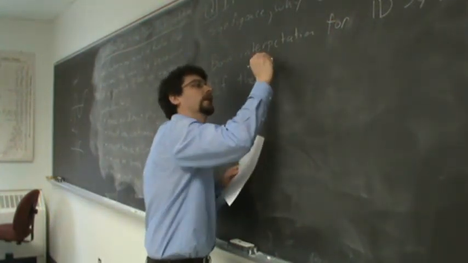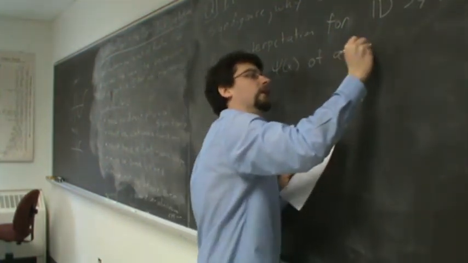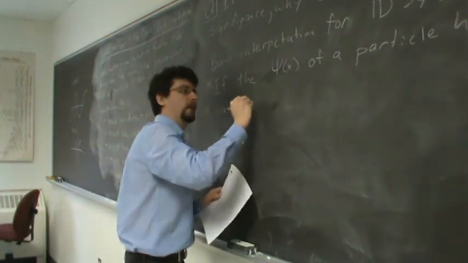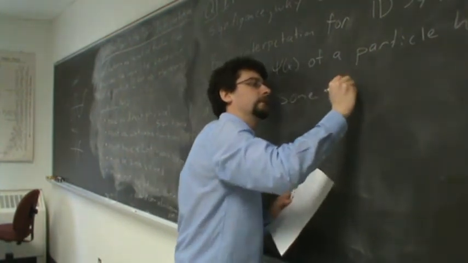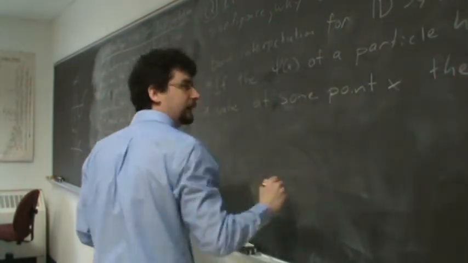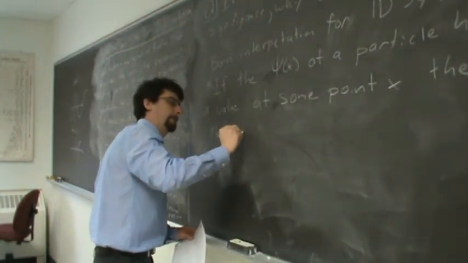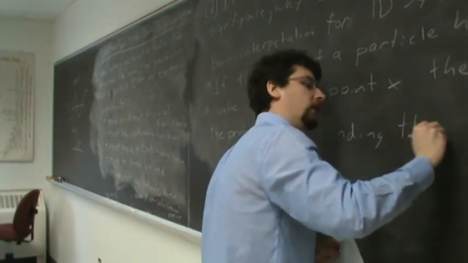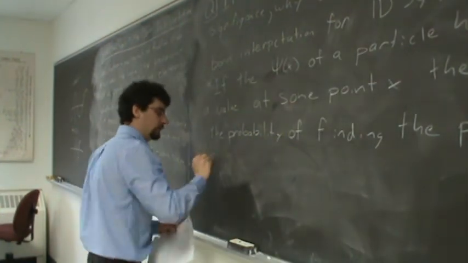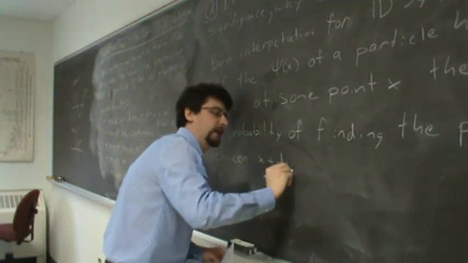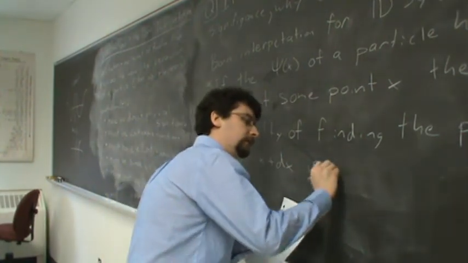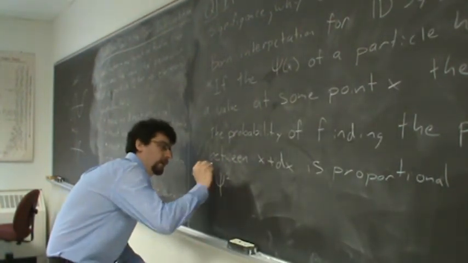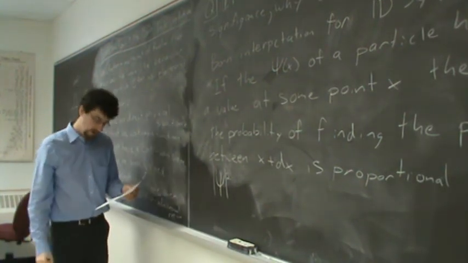If the wave function of the particle has a value psi at some point x, then the probability of finding a particle between x and x plus a small change dx is proportional to the magnitude of psi squared dx.